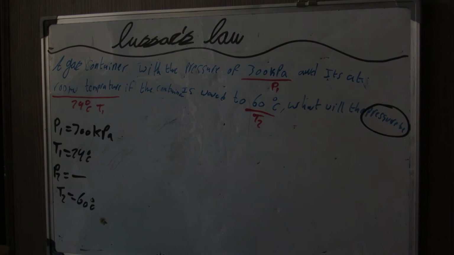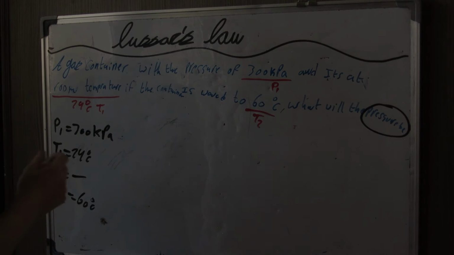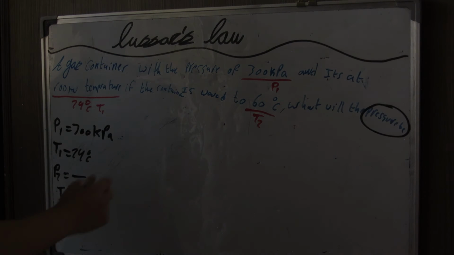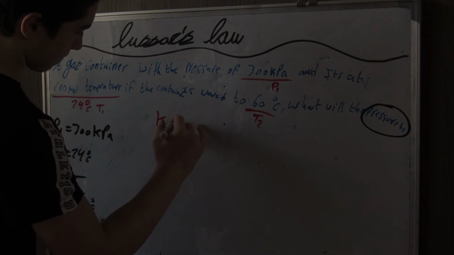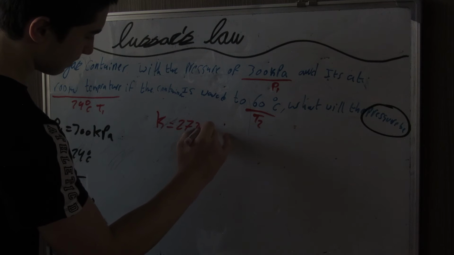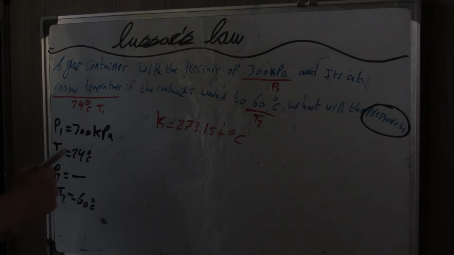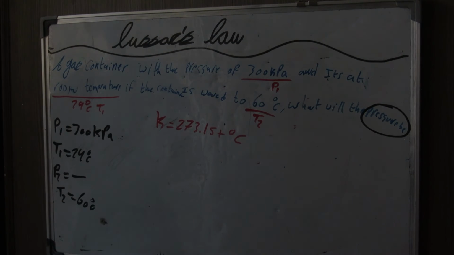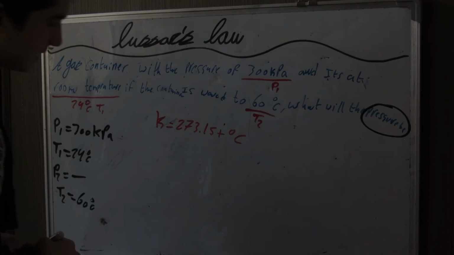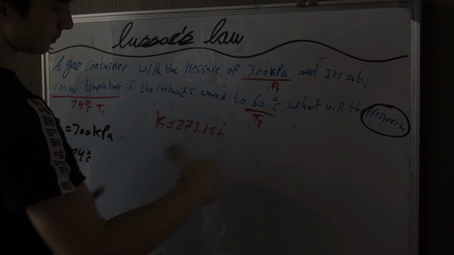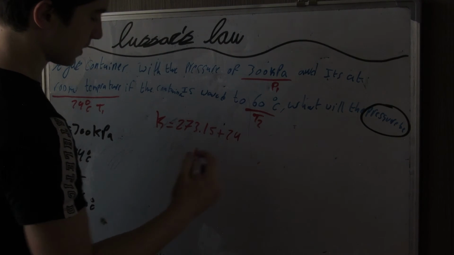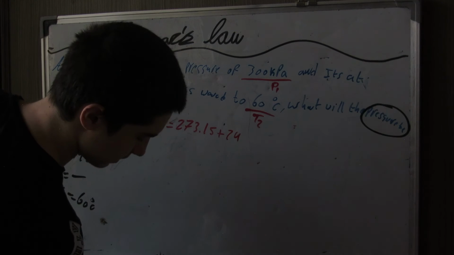The simple way to convert temperature from Celsius to Kelvin is simply writing K equals 273.15 plus the Celsius value that we have. So let's start with 24 degrees Celsius and plug it in. We have 24 and we add that to 273.15.